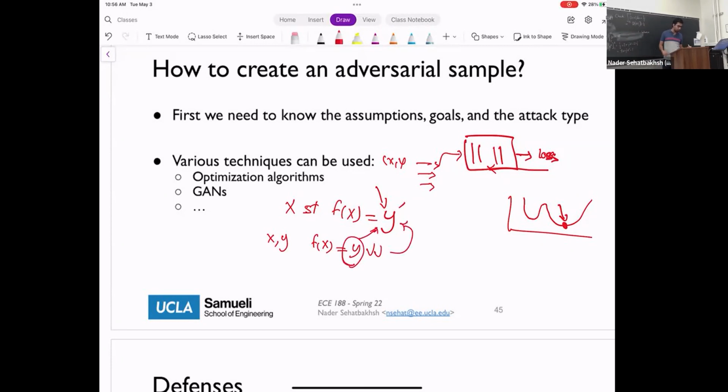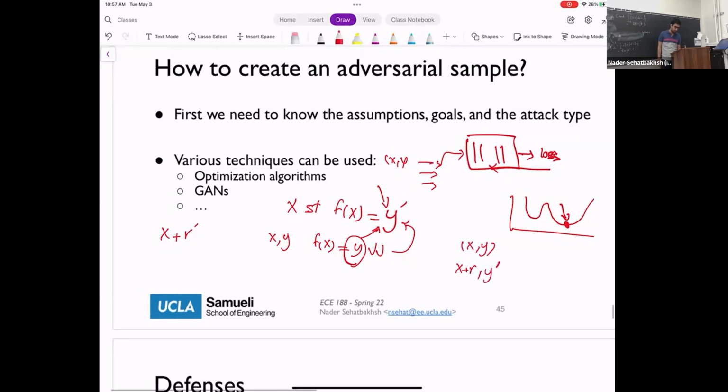And how do we actually create that? It's an iterative process. You start with X and you start adding some sort of noise to it. You gradually change this noise until you find a point at which Y flips to Y prime, and that's where you have your adversarial sample. Remember that we always said we have X and Y, and our adversarial sample is usually X plus some small noise that results in a Y prime where Y prime is not equal to Y.